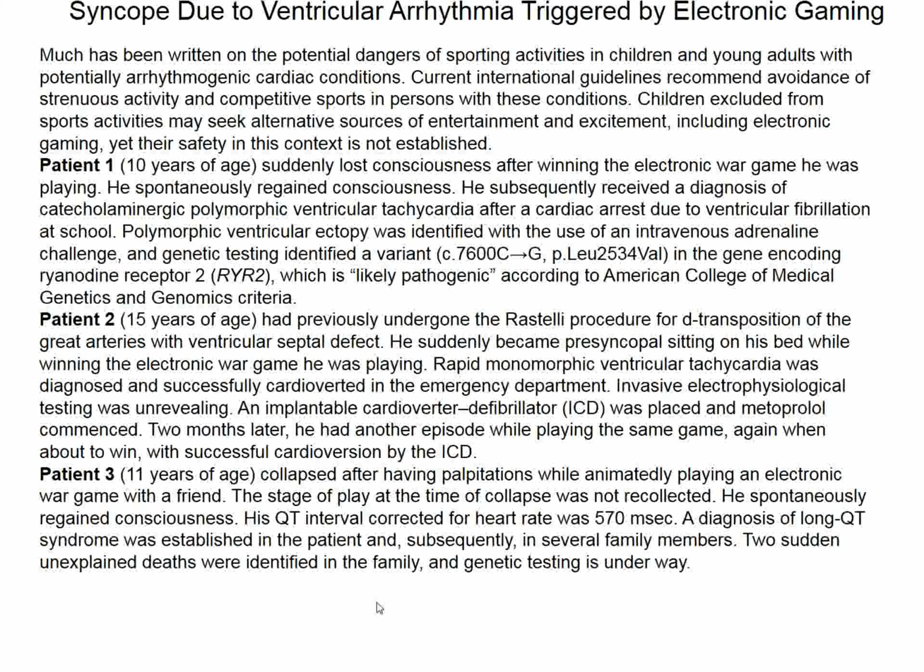Then in the New England Journal, here are some examples why computer games are dangerous. These 3 teenagers developed ventricular tachycardia after electronic gaming. Bad idea.